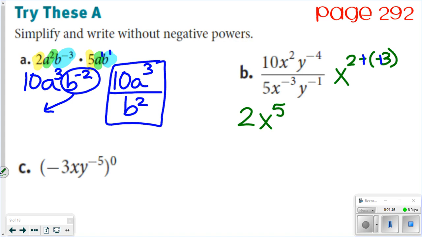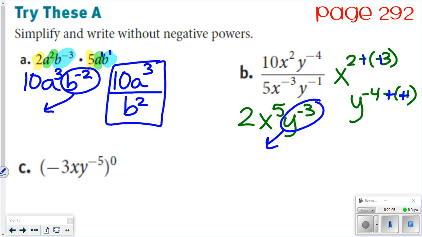Then if you're looking at your y's, you have negative 4 minus a negative 1. 2 negatives make a positive. So it's negative 4 plus 1, which is negative 3. But this negative is unhappy, so I need to take it and move it. So my final answer is 2x to the 5th power over y cubed.